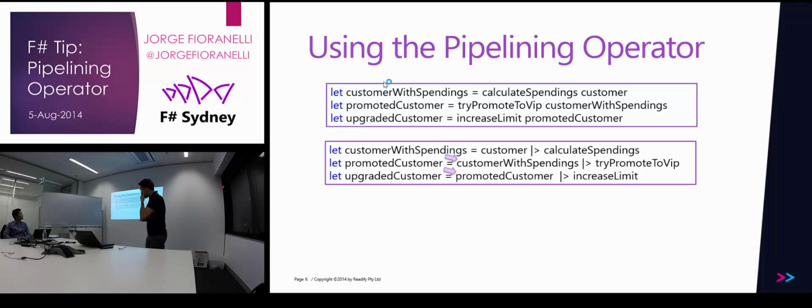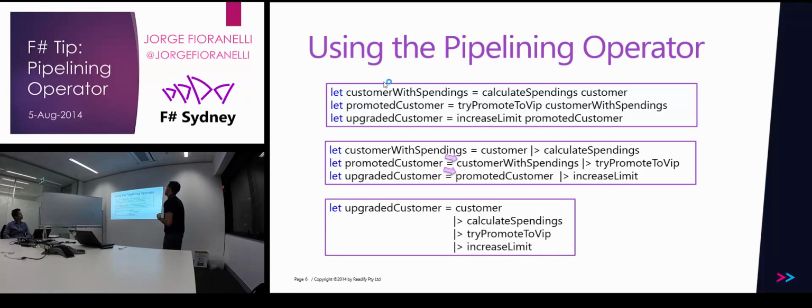And if you pay attention, this specific argument is actually what we need as an input for this function, and what we return from this function is actually what we need as an input for this other function. So a better way to write the same code would be like this, in which the customer goes through all these steps and each output becomes the input of the next function.